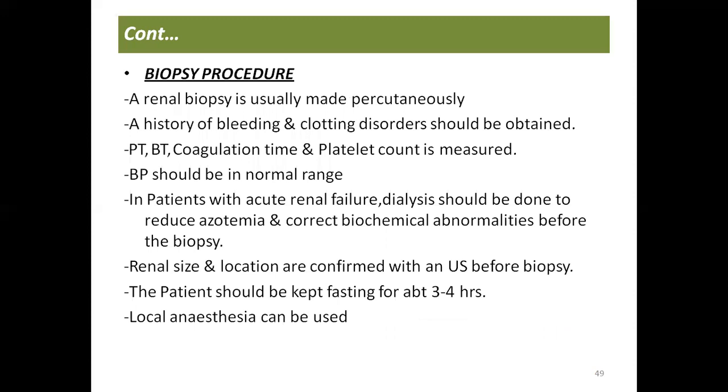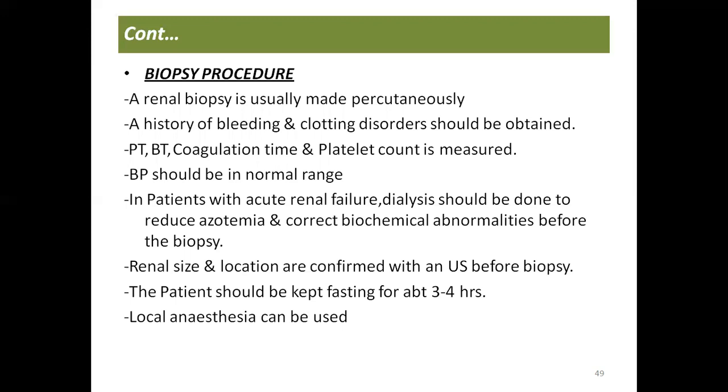This procedure needs a lot of technical assistance. The biopsy is usually done percutaneously, and we need to check for the history of bleeding and clotting disorders, if any are present. For that, we'll be looking into the prothrombin time, bleeding time, coagulation time, and platelet count.